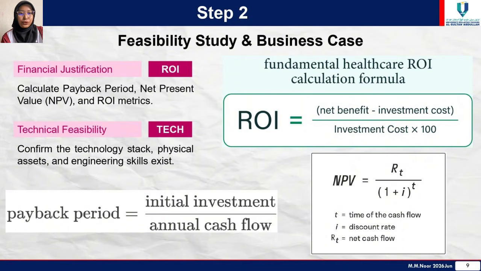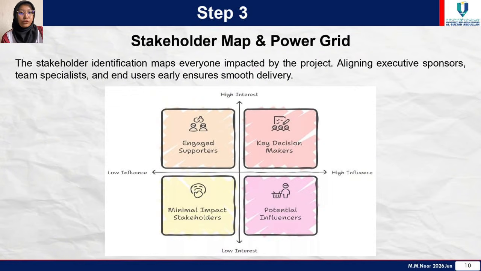There are a few calculations that can be used to identify the ROI, payback period, NPV, and more. Step 3, stakeholder map and power grid.